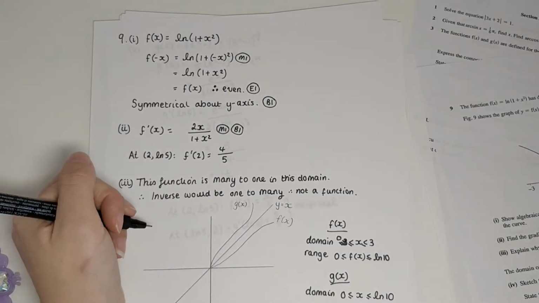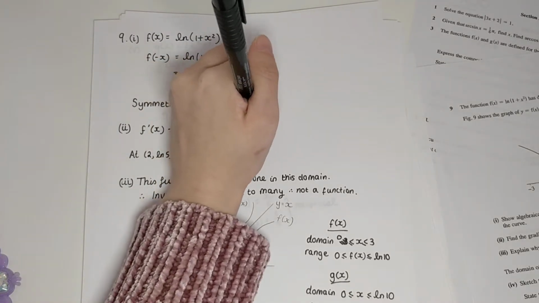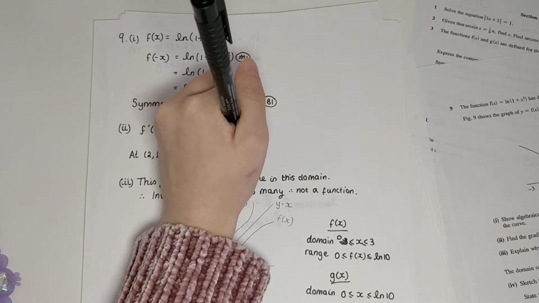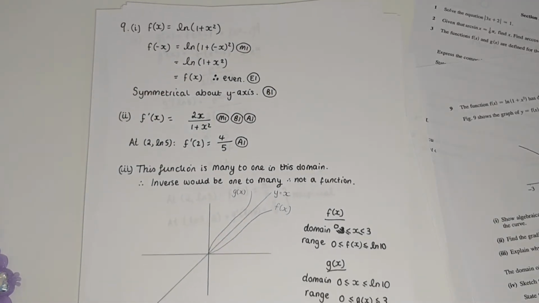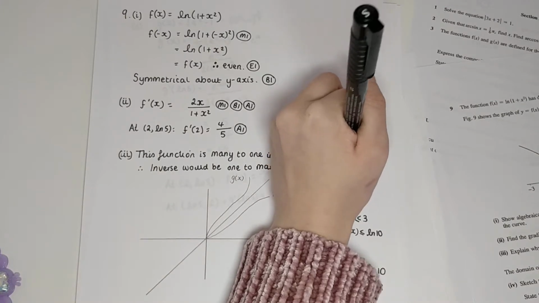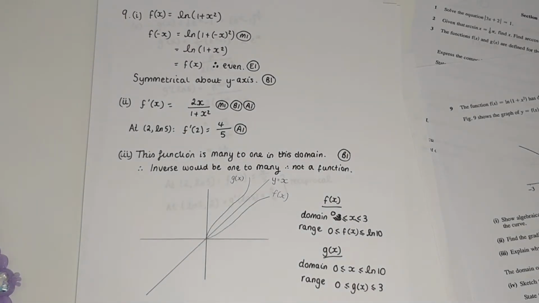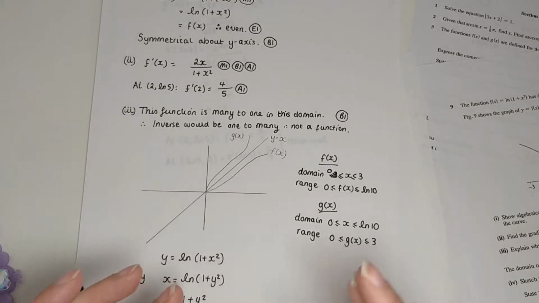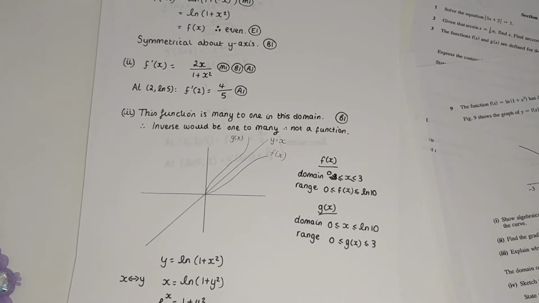I'm so clever. Accuracy 1 for 2x over 1 plus x squared, and accuracy 1 for 4/5. B1 for saying that it's not 1-to-1, so it won't have an inverse, or it's many to 1, so it won't have an inverse, something like that. Just as long as you refer to the something to something.